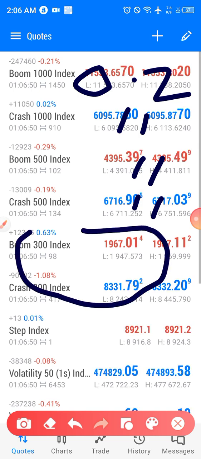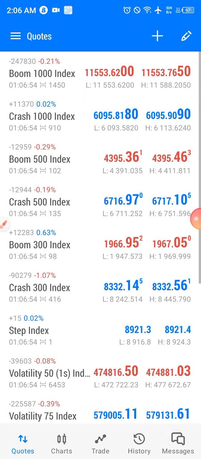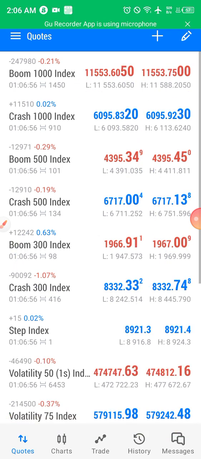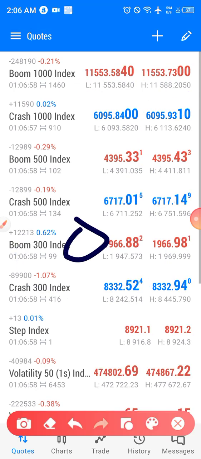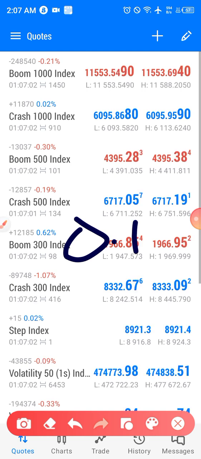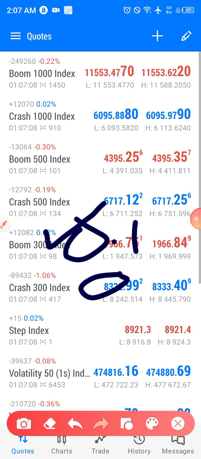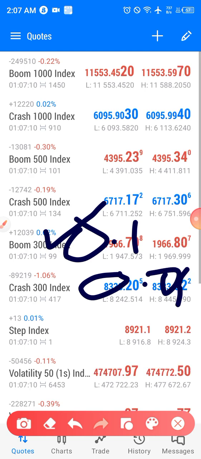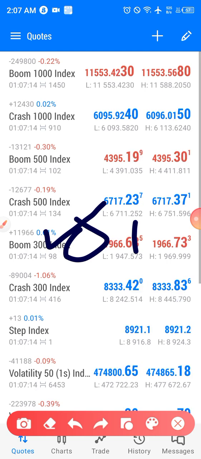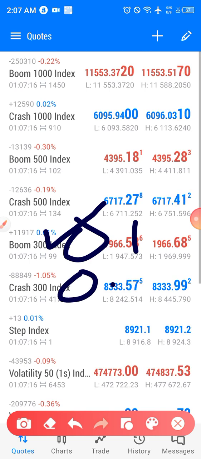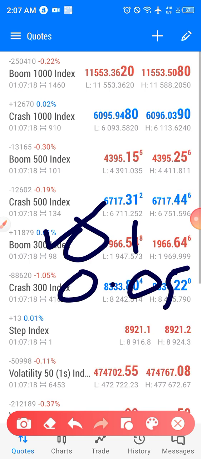All right, this is boom 300 and crash 300. For boom 300, the minimum lot size is 0.1. You use 0.1 for boom 300, while the minimum lot size for crash 300 is 0.05. That's the minimum lot size you can use for crash 300, 0.05.